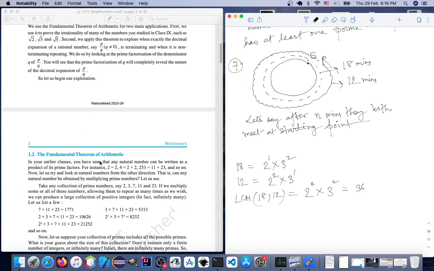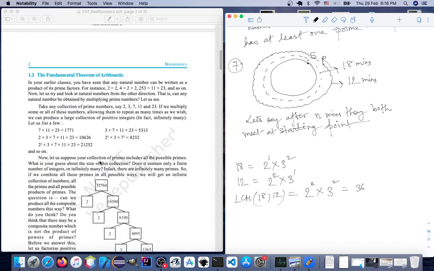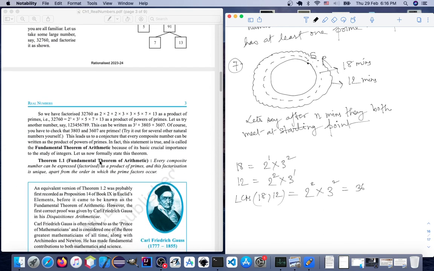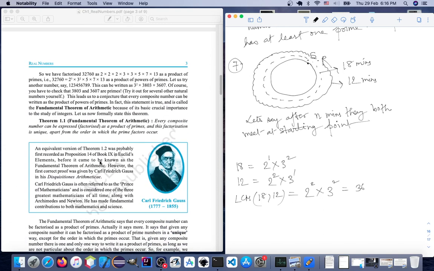We have learned how to do prime factorization of any natural number, and we have learned the fundamental theorem of arithmetic, and using this theorem we have found the HCF and LCM of two given positive integers, and also of more than two positive integers.